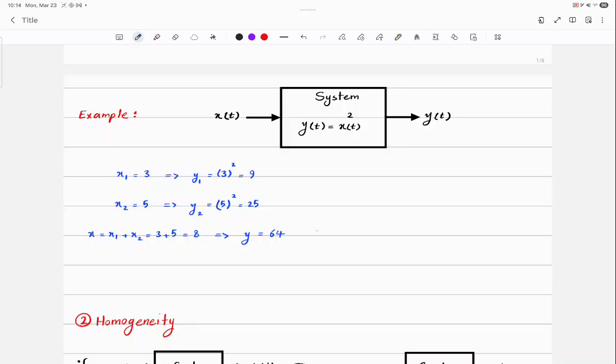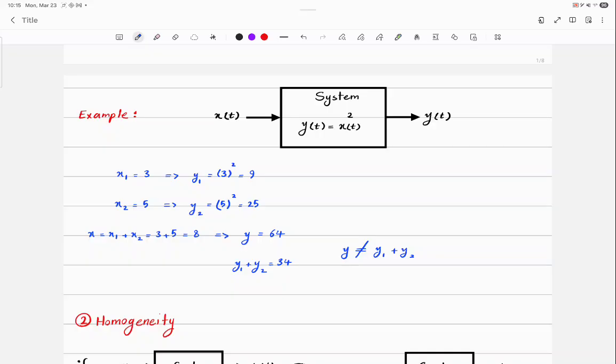Now, if I calculate y1 plus y2, what is that? 34, right? Is y equal to y1 plus y2? No. What should we call this system? Non-additive. Okay? It's not additive.